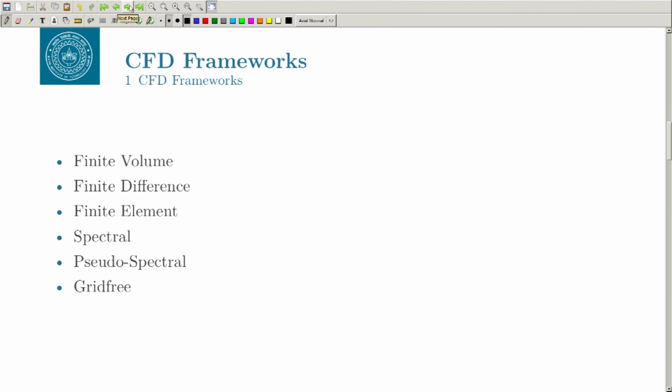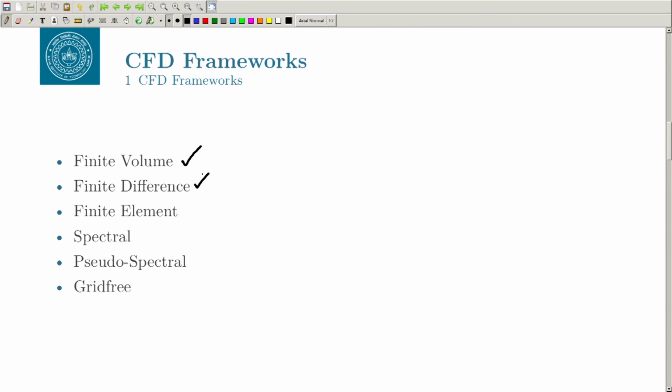Most of the commercial tools that you see in CFD are based on finite volume. And most of the research tools used for, let us say, LES or DNS kind of studies, you would see that many of them are in finite difference.